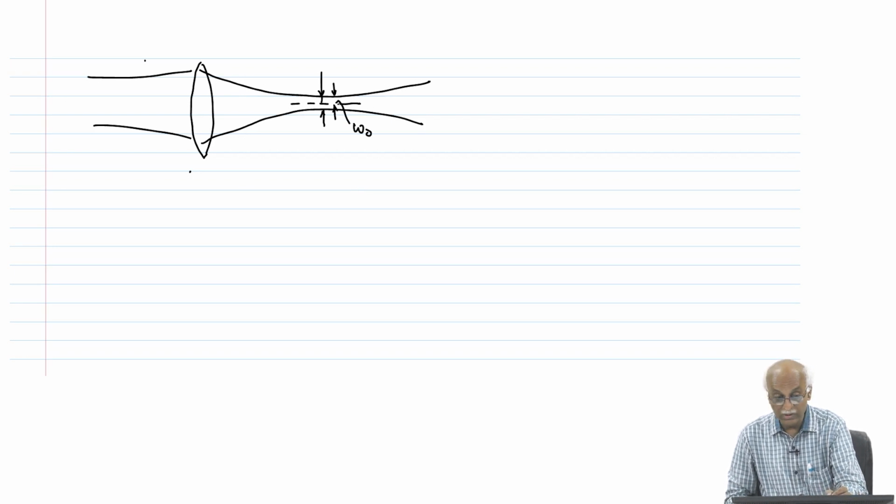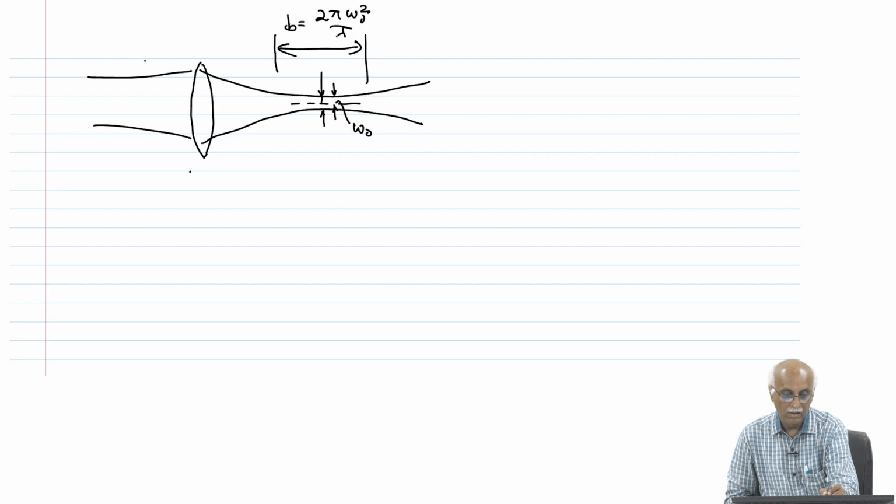However, if this size w0 is large enough, the divergence will be small, and the confocal parameter, which is given by 2 pi w0 squared by lambda, will be large. The divergence angle, given by 2 lambda by pi w0, will be small if w0 is large.